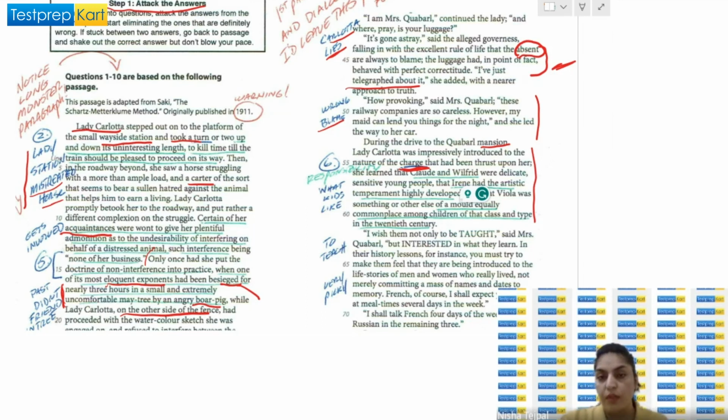There are four children: Claude, Wilfred, Viola, and Irene. Lady Carlotta has to take care of these children. Their nature is like the people of the 20th century. They have an artistic temperament, they are delicate. All these are the traits of those children.